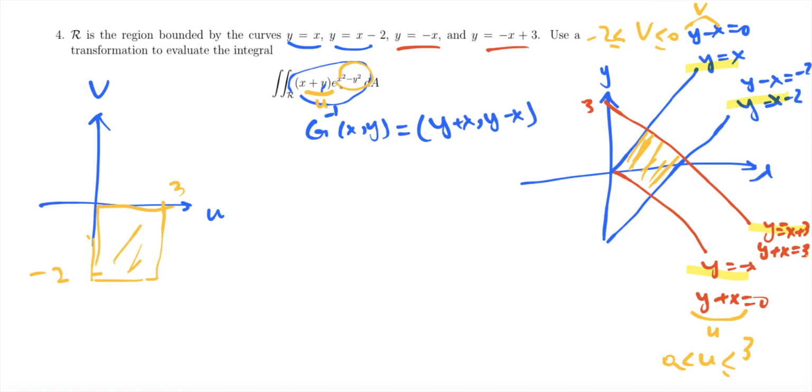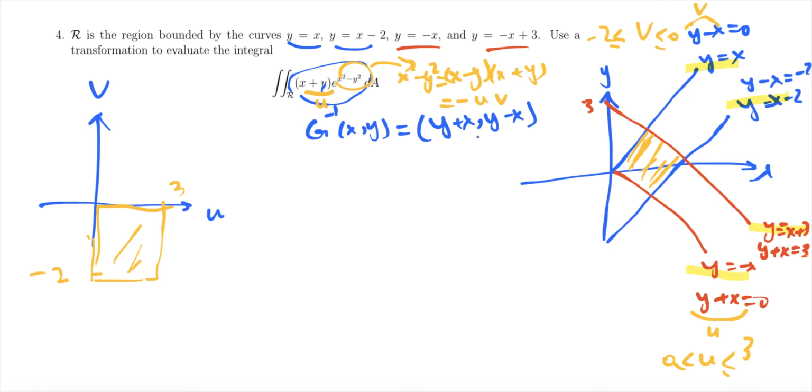But what I notice about that part is that x squared minus y squared is equal to x minus y times x plus y. x minus y is negative v, and x plus y is u. So this is equal to negative u times v. So that actually works with my linear transformation well. It doesn't require me to do a lot of work.